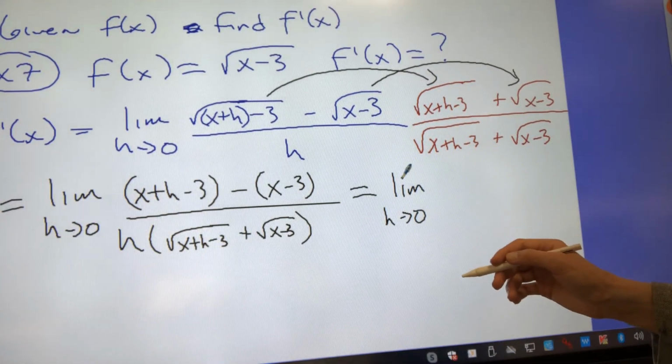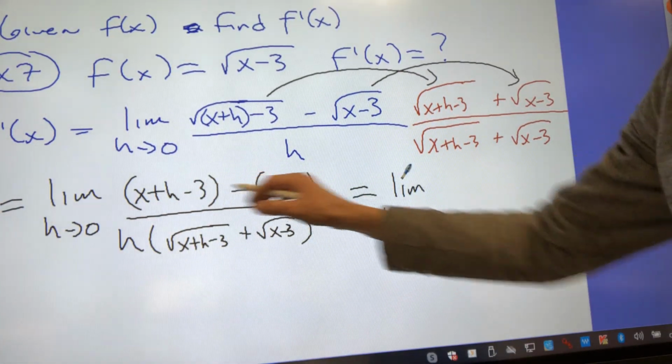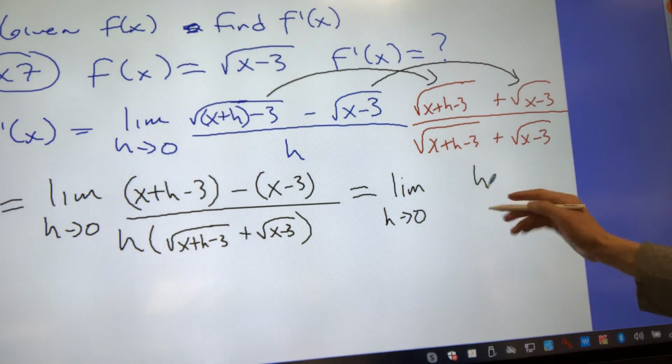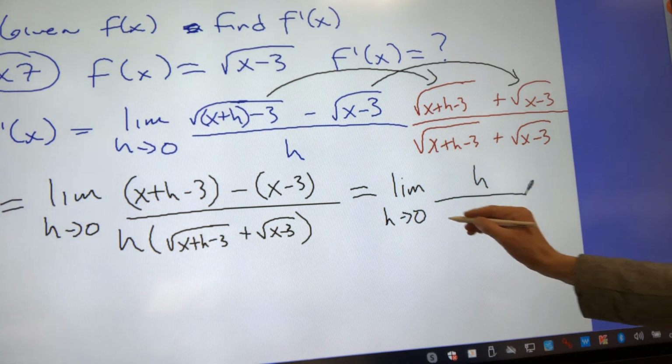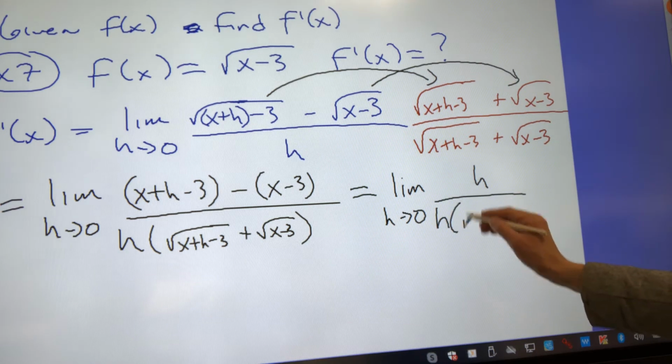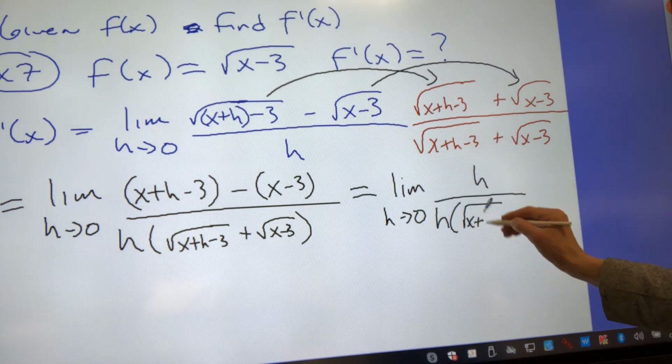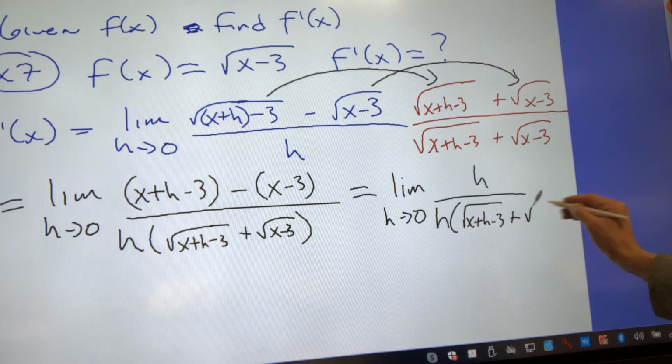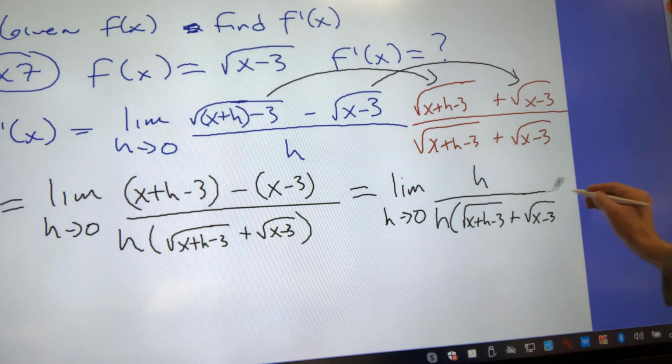All right, and the x's cancel, the negative 3s cancel. You're left with a positive h. This is great. Divided by that h, which will cancel. You have the root of x plus h minus 3 plus the root of x minus 3.